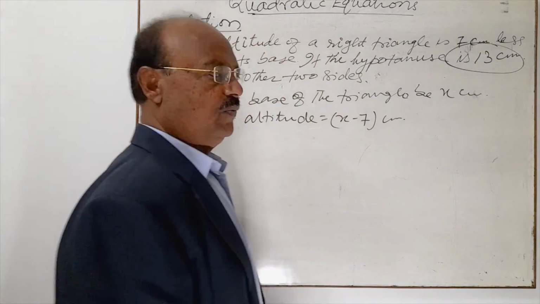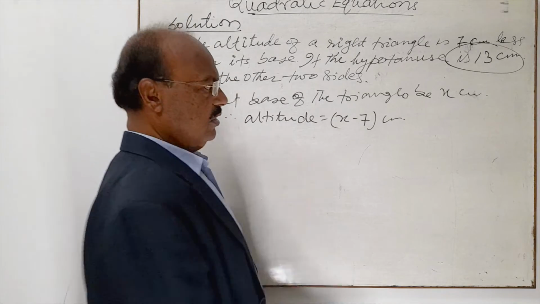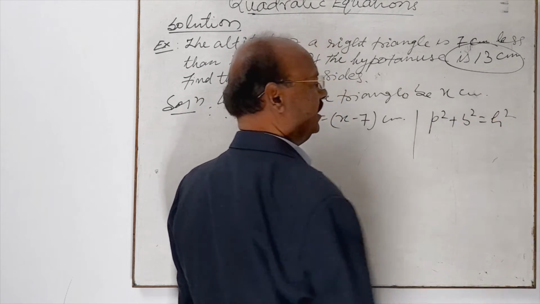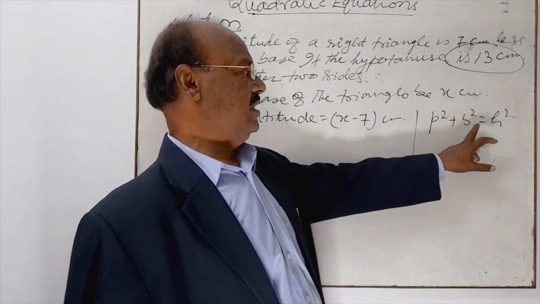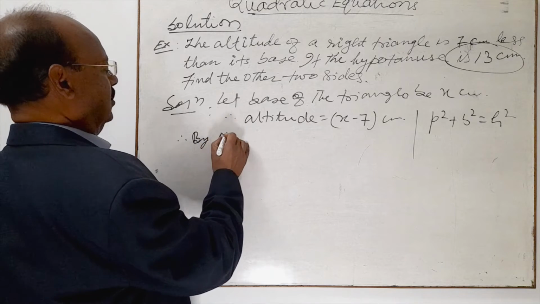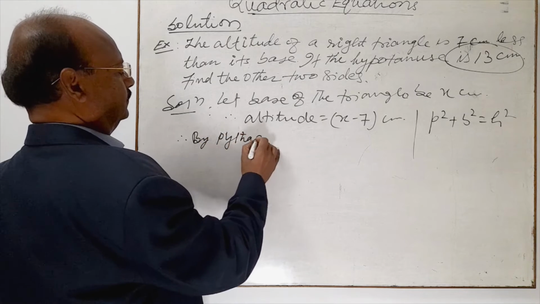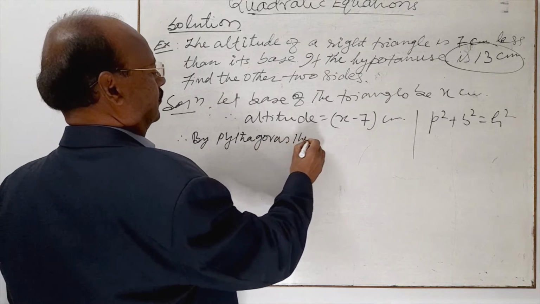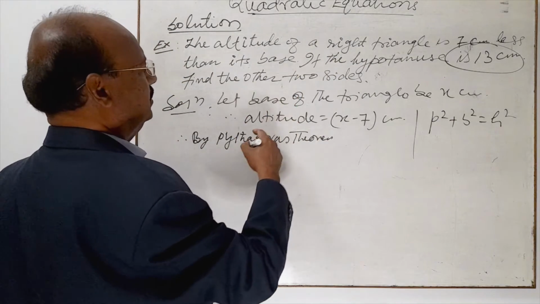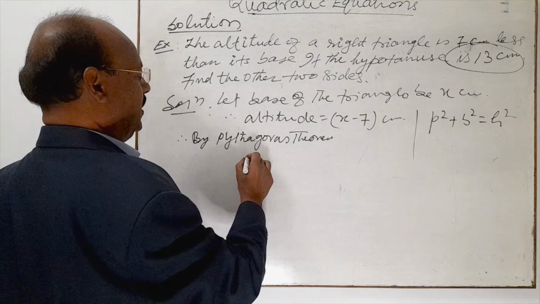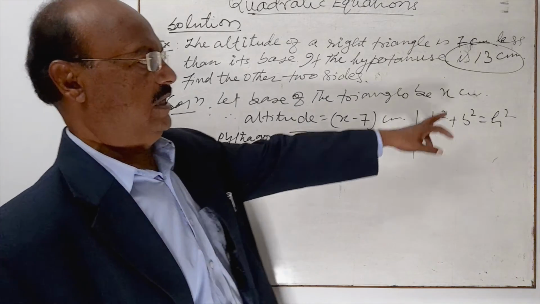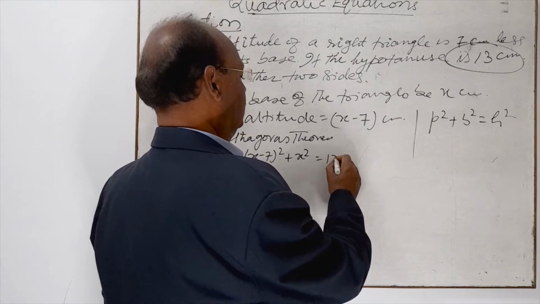And the length of the hypotenuse is given here. This is 13 centimeter. So you can use the Pythagoras theorem. As you know, p square plus b square is equal to h square: altitude square plus base square is equal to hypotenuse square. So by the Pythagoras theorem, you can write x minus 7 whole square plus x square is equal to 13 square.